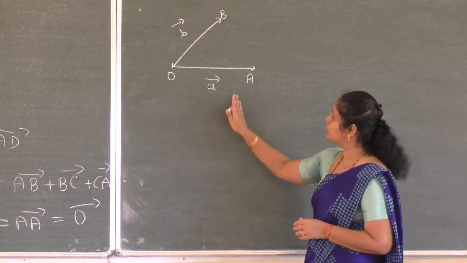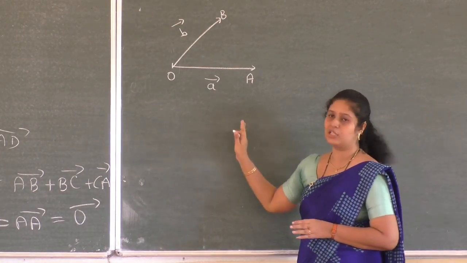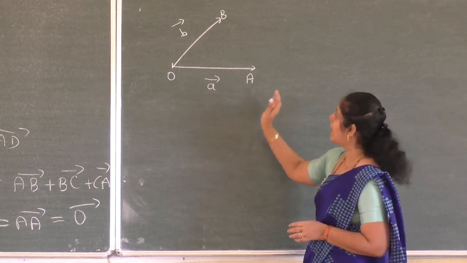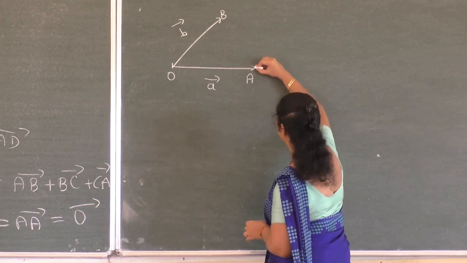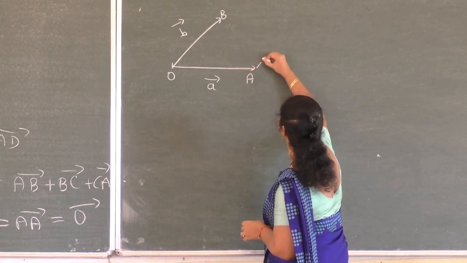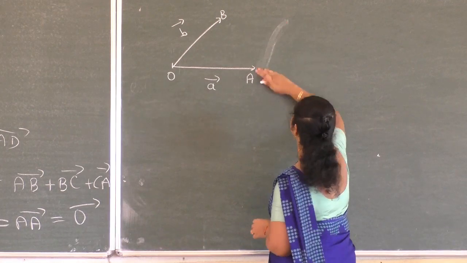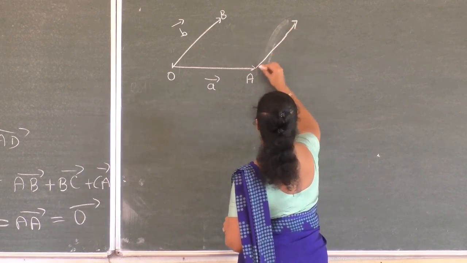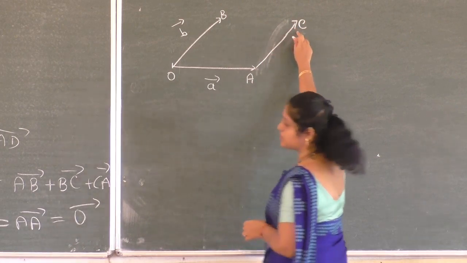Now here it is not done directly by the triangle of vector addition, but we can apply the triangle law by completing the parallelogram. That means I can write the parallel displacement of vector OB as vector AC.